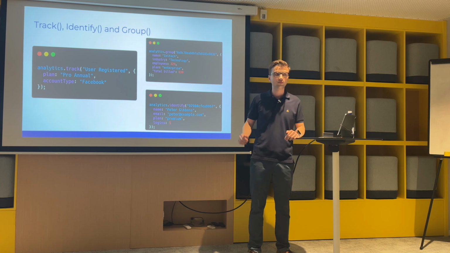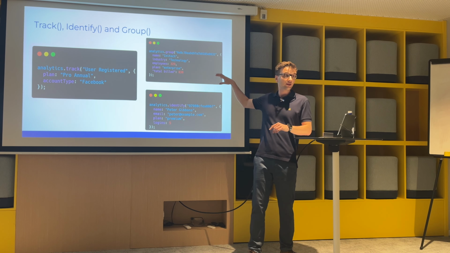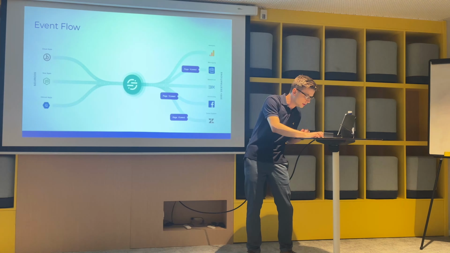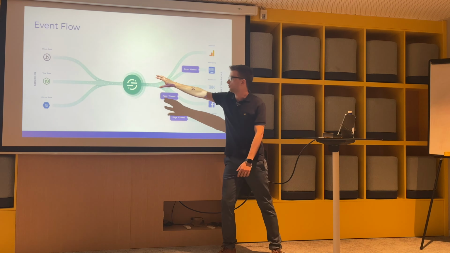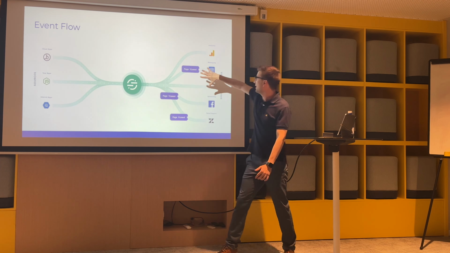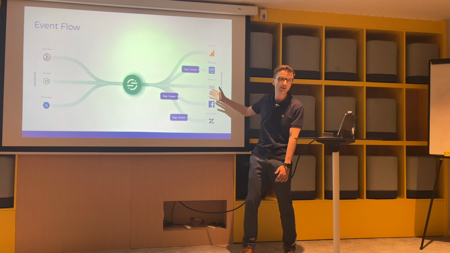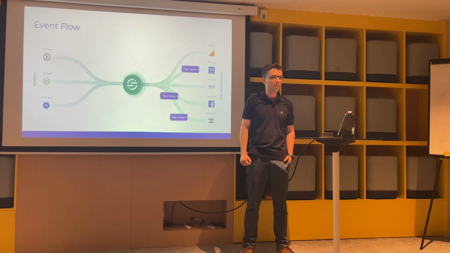So that goes to the CDP, or it goes to Segment, and then Segment does the rest. There was a graph here as well. So it goes first from your sources to Segment, and then it goes to your destination. So, for example, advertising is here. And you send some sort of key that allows Facebook to identify your customer.